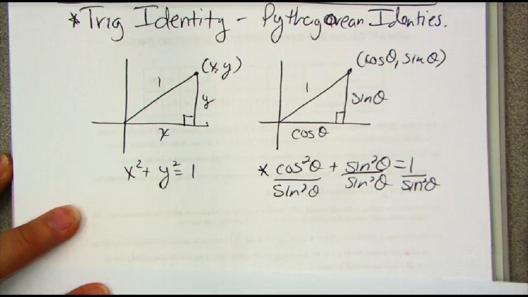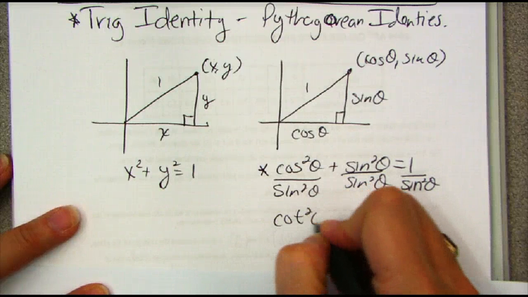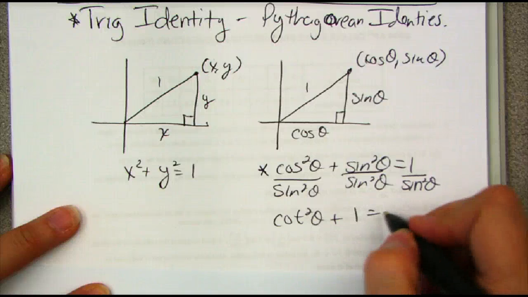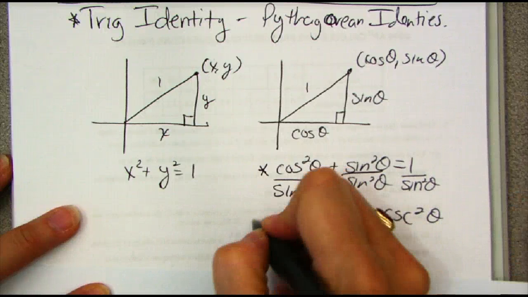I'll wait. Almost. So this is cotangent squared theta. What's sine squared theta over sine squared theta? 1. What is the reciprocal of sine? There's my second one.